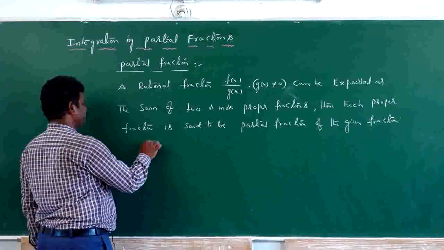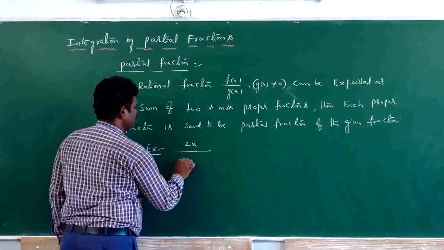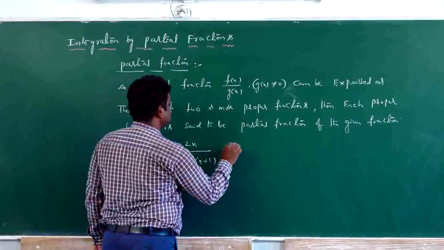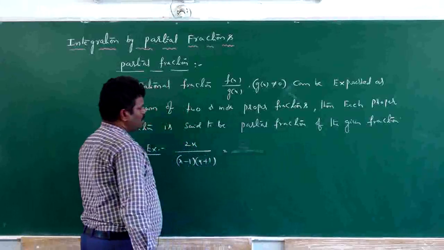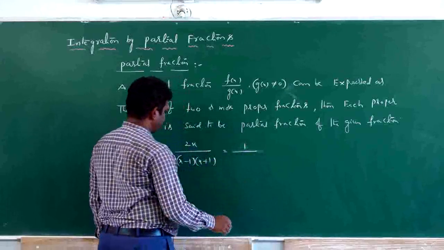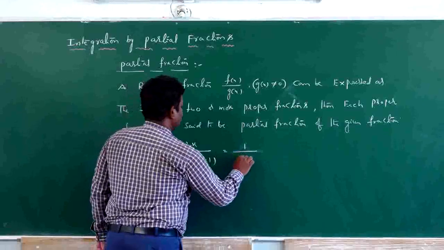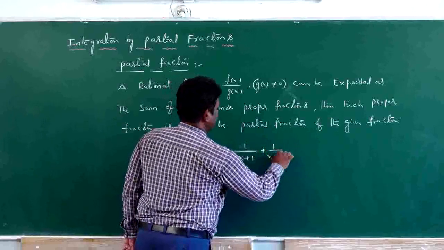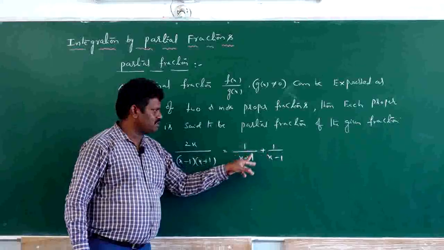For example, if we take 2x by x minus 1 into x plus 1, how do we represent this value? Suppose we represent it as 1 by x plus 1 plus 1 by x minus 1. Take the LCM, x minus 1 into x plus 1, and x plus x gives 2x, with cancellation.